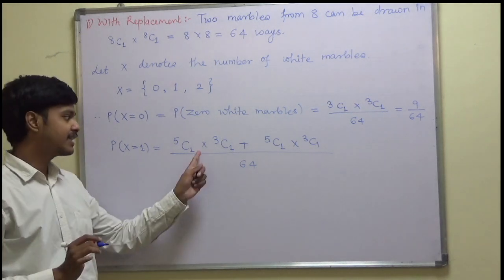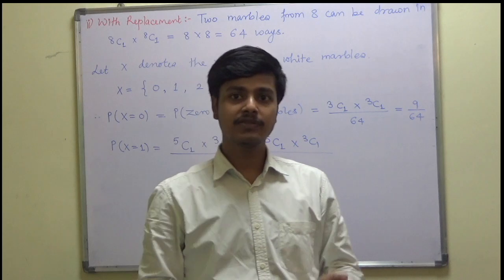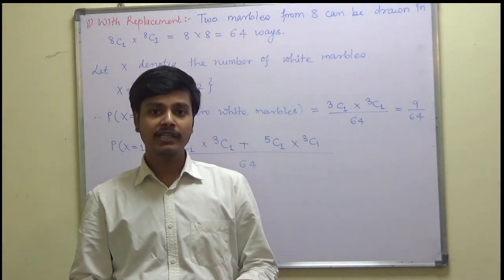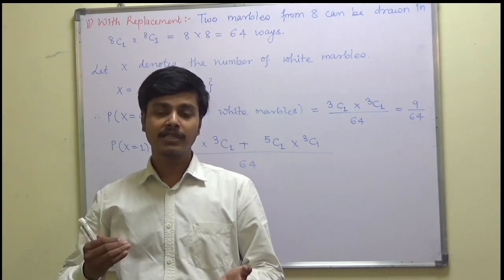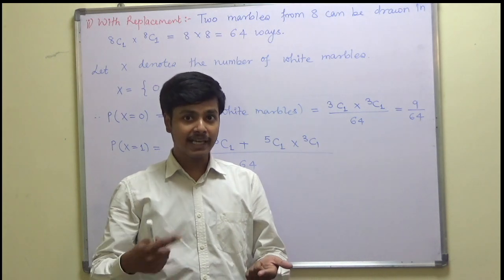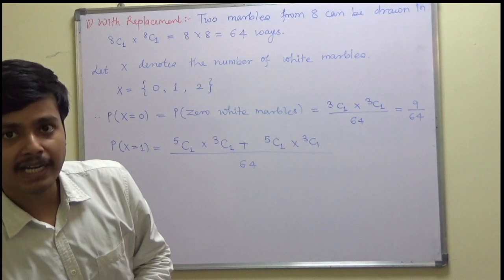Okay, now this can be done like, if you have a bag of 8 marbles, 5 white and 3 black, you can do it in 2 ways. Like the first marble is white and the second marble is black, or the first marble is black and the second marble is white.